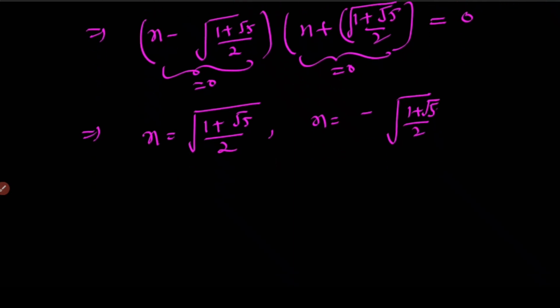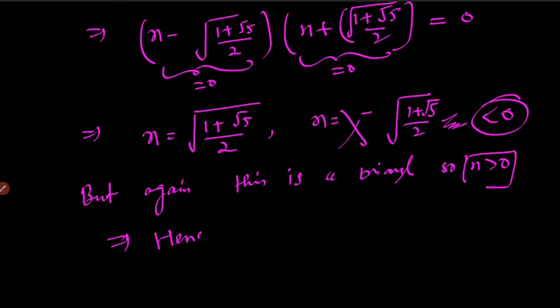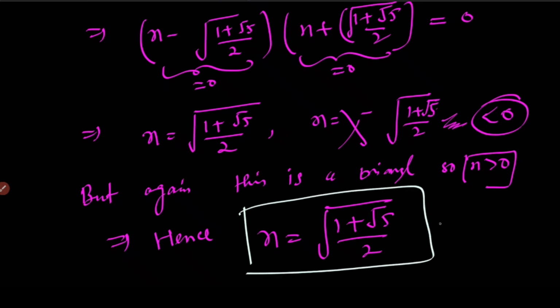But again, this is a triangle, so n must be greater than 0. This one is negative, less than 0, so it is also not a solution. Hence n must be equal to the root of 1 plus root 5 by 2. This is our solution, the answer of the question. Thank you.